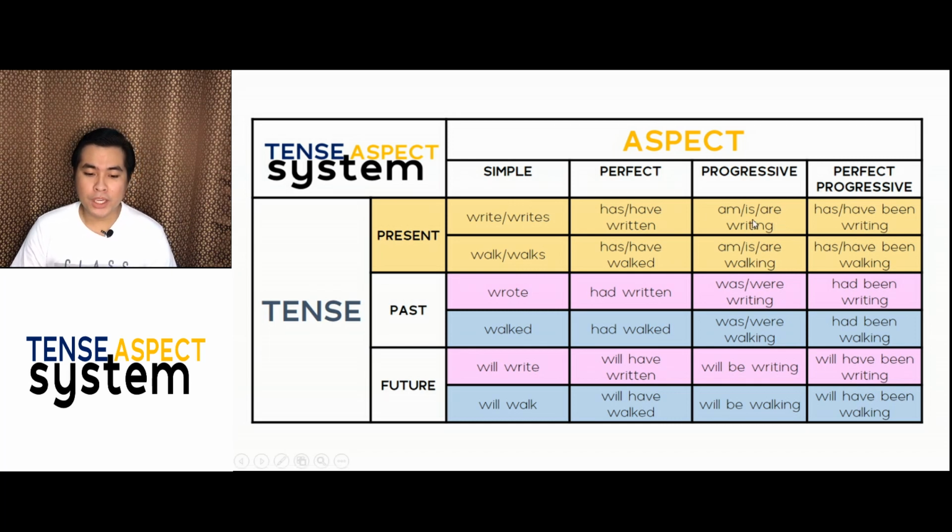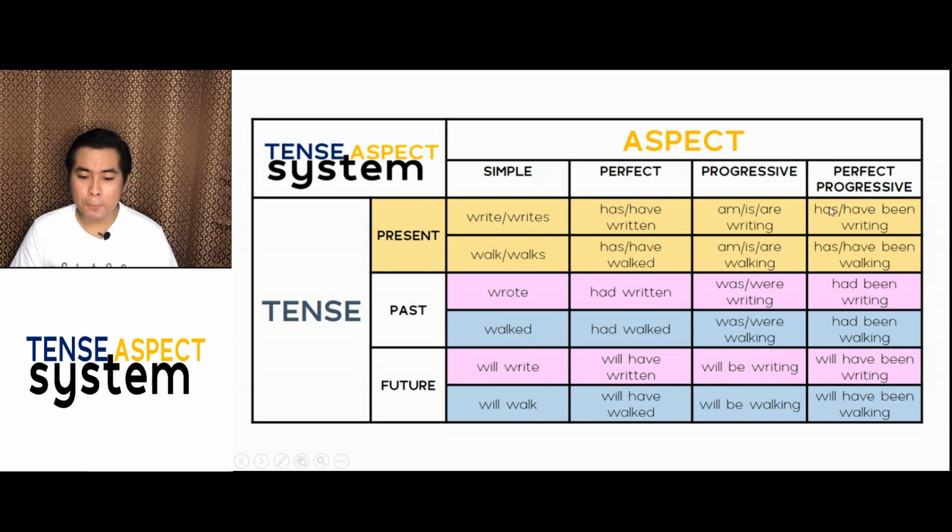So we have here the be form plus the present participle. As we know from the video on the principal parts of verbs, the usual form of present participles is the verb plus ing. That's why you have here am, is, or are plus writing, and am, is, or are plus walking.